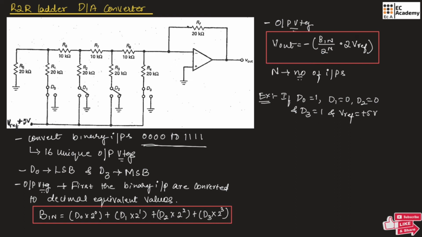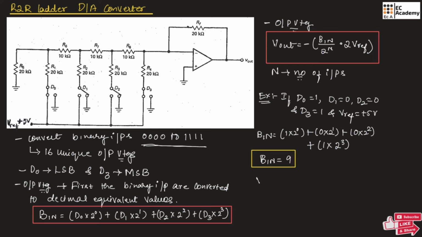For that, the first step is to find the binary input value using the formula. B in is equal to 1 into 2 to the power of 0 plus 0 into 2 to the power of 1 plus 0 into 2 to the power of 2 plus 1 into 2 to the power of 3. So we get the B in value equal to 9.